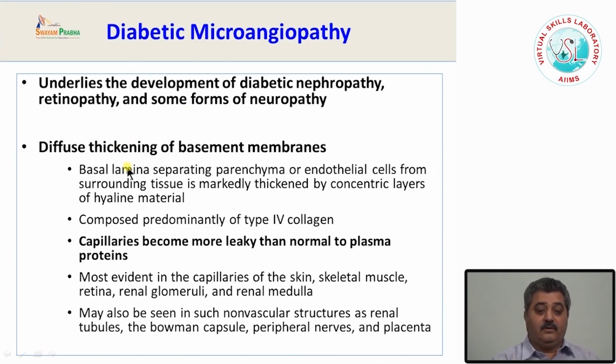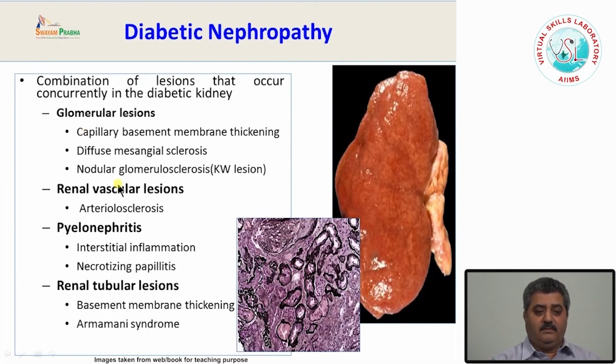In the glomeruli, there is a diffuse thickening of these glomeruli, these tufts, which is caused because collagen 4 is increased, and there is more leakage of the proteins. So, most of the proteins are deposited on the blood vessels and cause thickening. There may be involvement of the vessels, arteriosclerosis, of the medium size vessels.